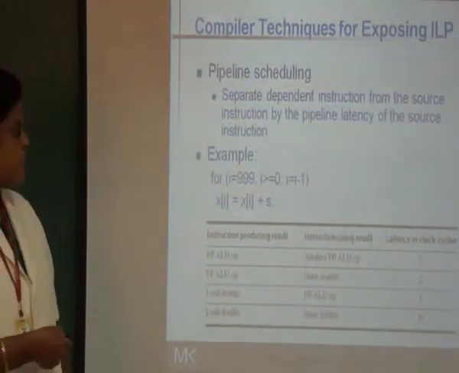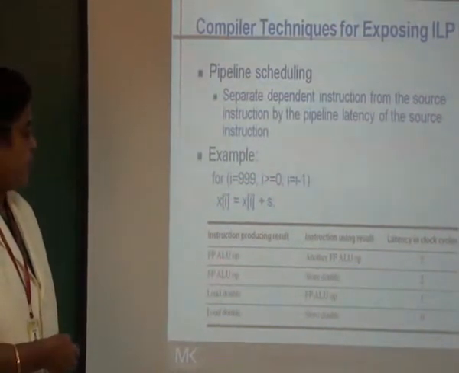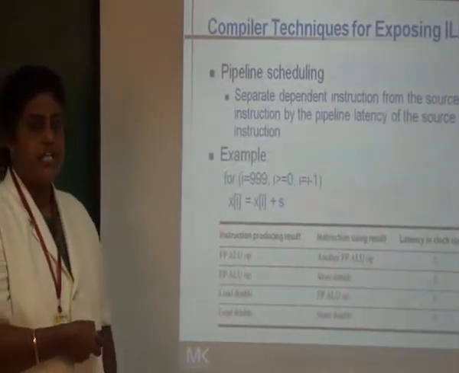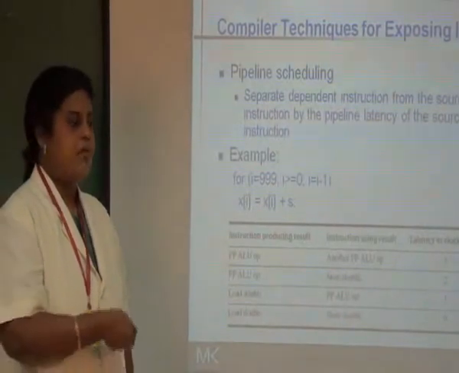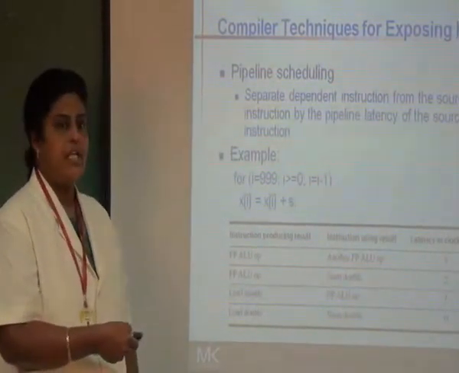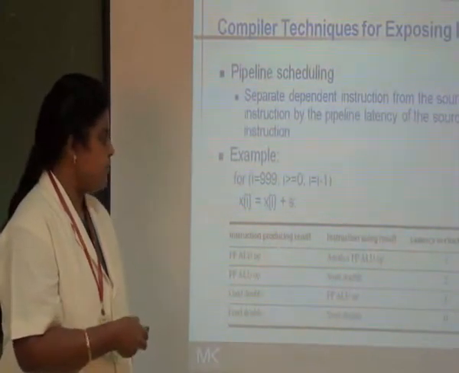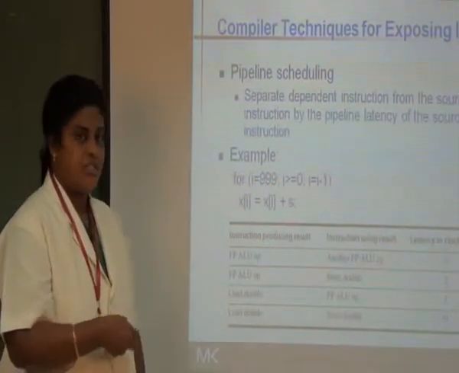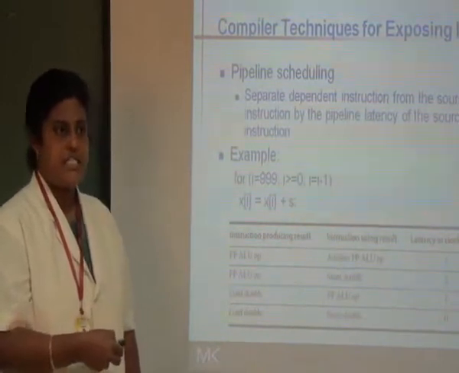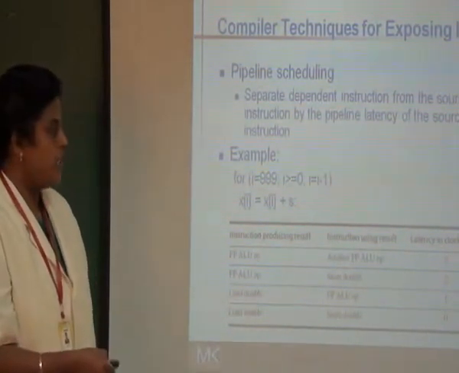dependent instruction. So here we consider a floating point ALU operation as a source instruction, and when we take another floating point ALU operation as a dependent instruction, the distance between these two instructions in clock cycles must be equal to 3 clock cycles.